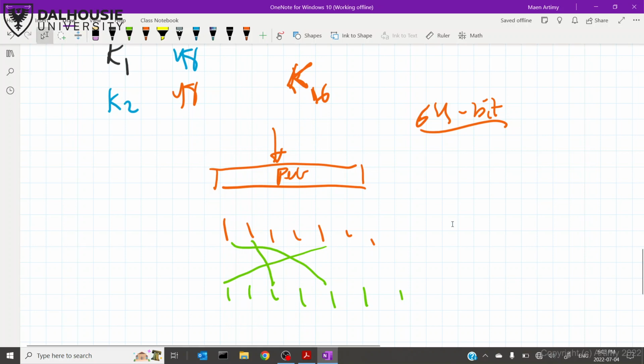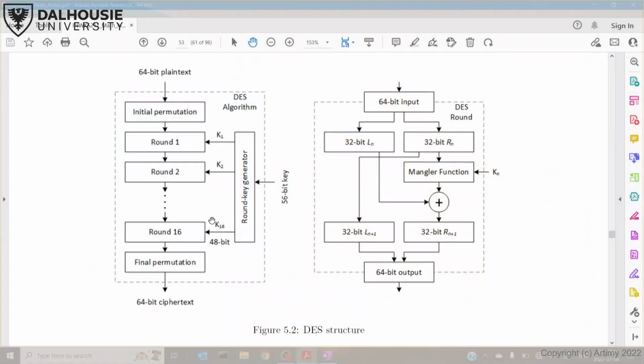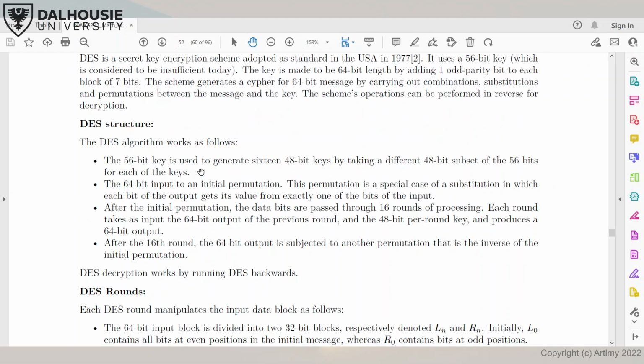So we shuffle the input. Here it says the 64-bit input goes to the initial permutation. This permutation is a special case of substitution in which each bit of the output gets its value from exactly one of the bits in the input, right? So we map each input to an output in a certain way, and this will be fixed, right?